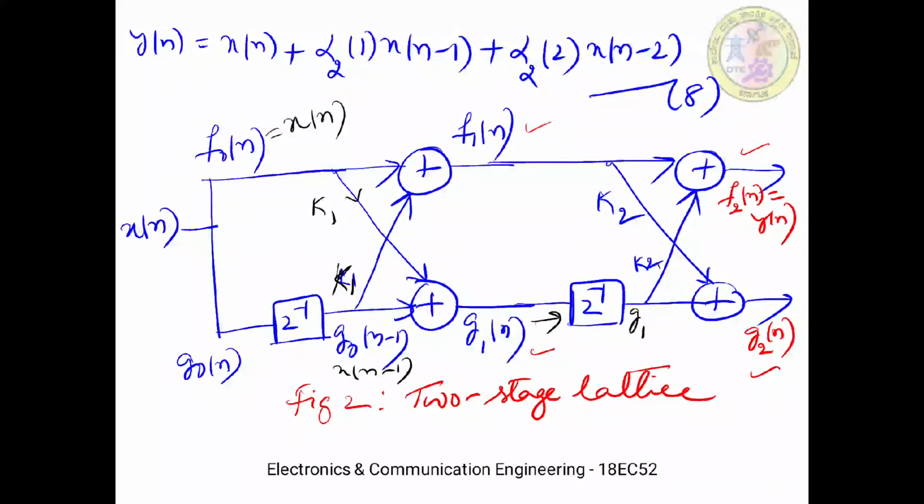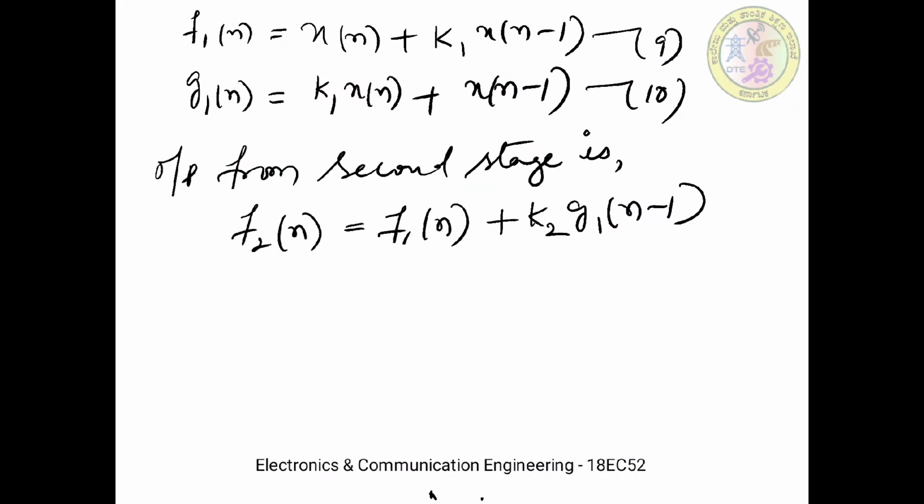So this g1 of n minus 1 will be multiplied by k2 and added with f1. Here f1 is the output from the first stage, so this f1 will enter into this adder. Putting that in equation form, we have equation 11.